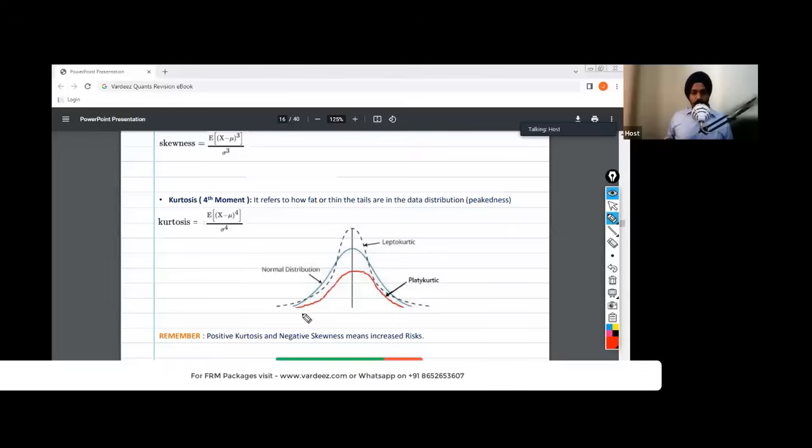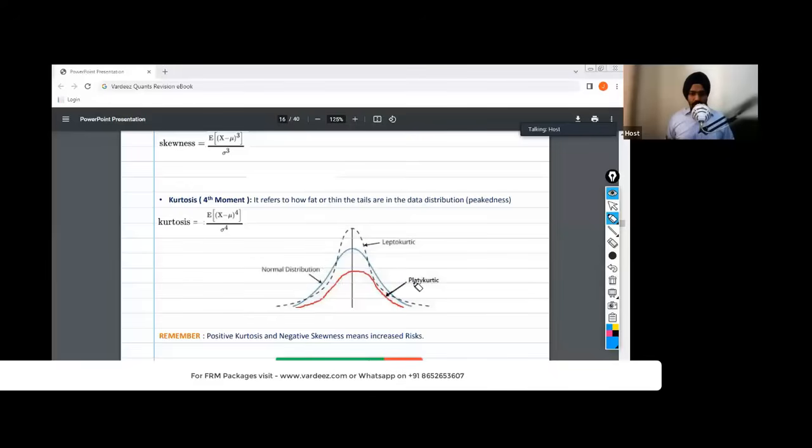On the other hand, we also have another name, which is known as platykurtic. As you can see, this particular distribution that you see here, the red one, that's known as platykurtic. Platykurtic means it actually pushes the normal distribution down.